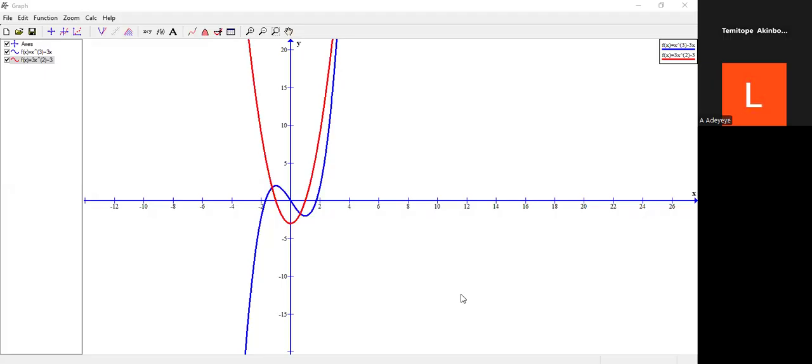Yes. Can you see the screen? You can see the graph now. Can you see it? Yes, sir.